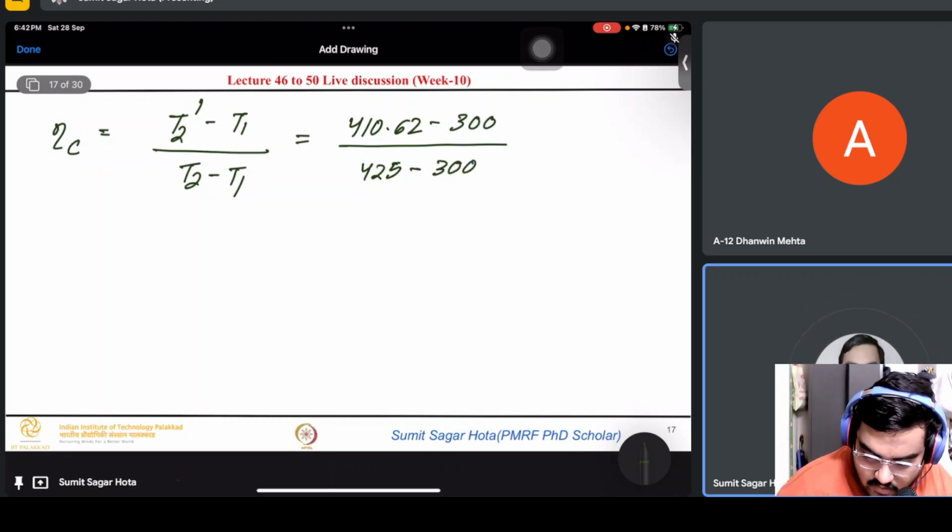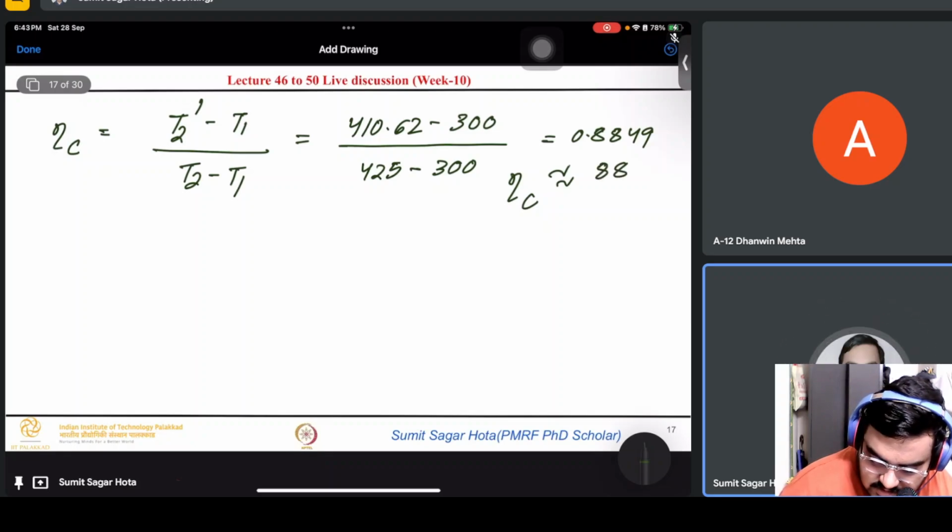Okay, 0.8849. So the isentropic efficiency of the compressor is about 88.5%.